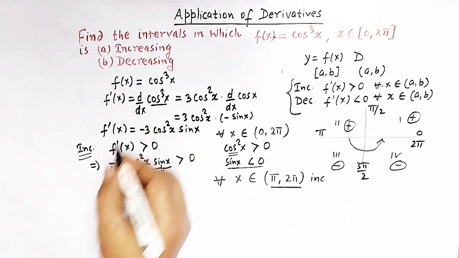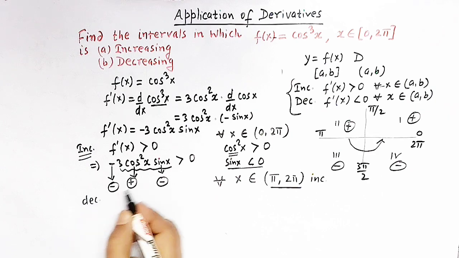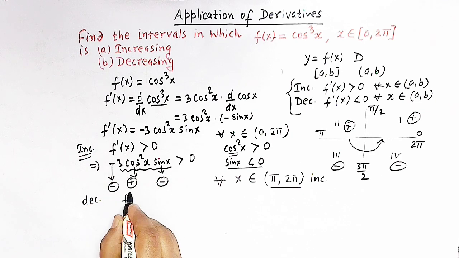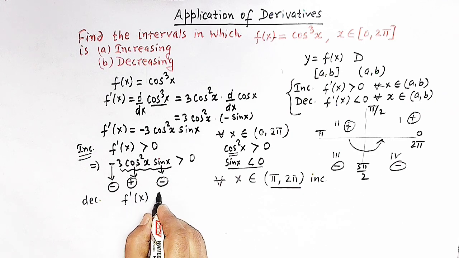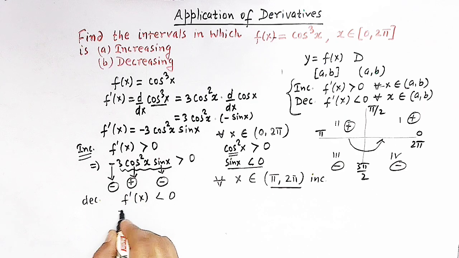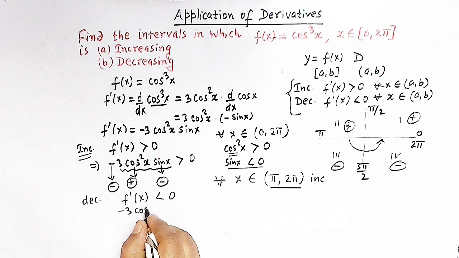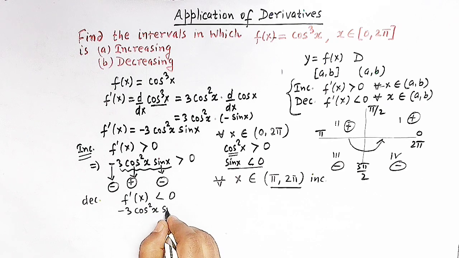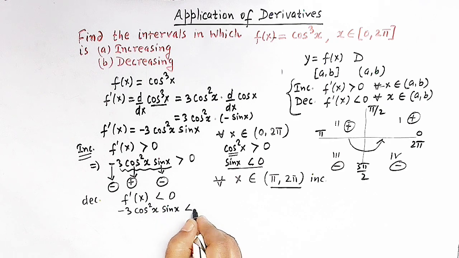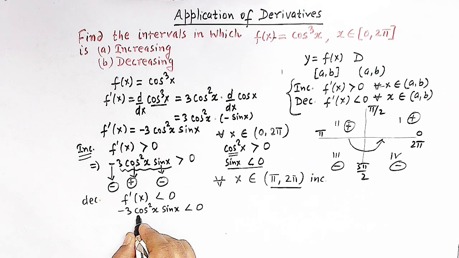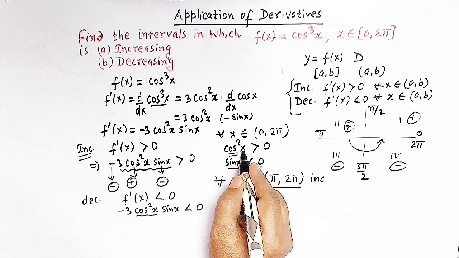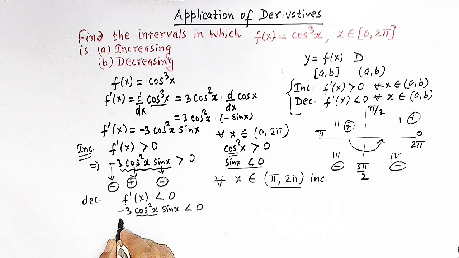So now for the decreasing function, this derivative, that is f prime of x, should be less than 0. So it implies that this term, that is minus 3 cos square x sin x, should be less than 0. So now this term cos square x is a positive term, and here we have the negative sign.